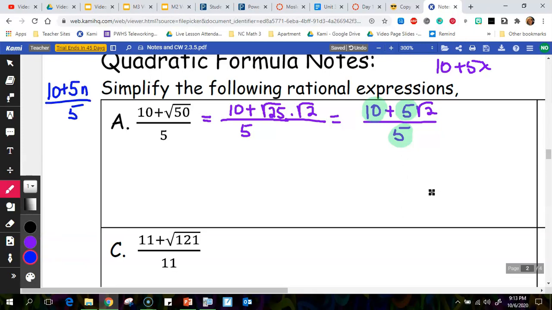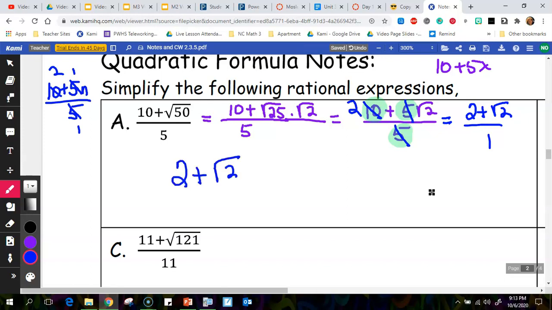I could divide all of those by 5. When I do that, that one cancels, that one cancels, that one becomes a 2. So then my answer is 2 plus root 2 over 1, which I don't really need the 1 because it's in the denominator. So my actual answer is going to be 2 plus root 2.